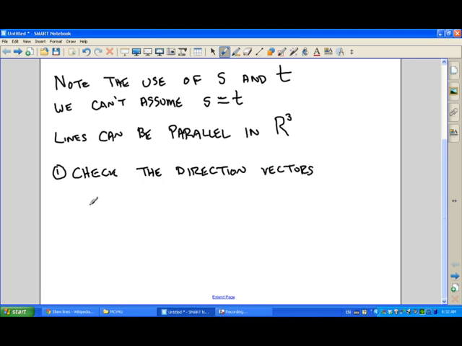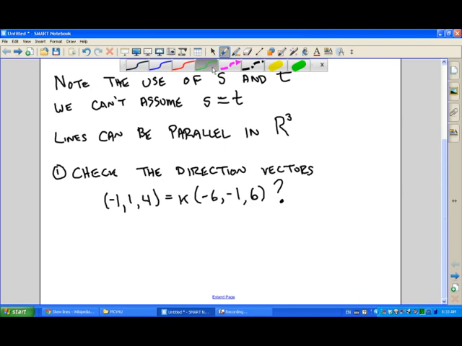And I'm looking for whether or not my direction vector, -1, 1, and 4, is equal to some scalar multiple of the other direction vector, -6, -1, and 6. And while I'm looking at this, it's easy to realize that no k value exists that makes this true.